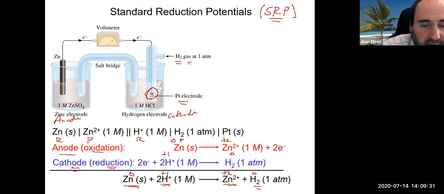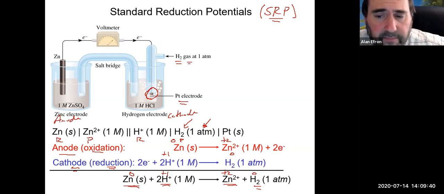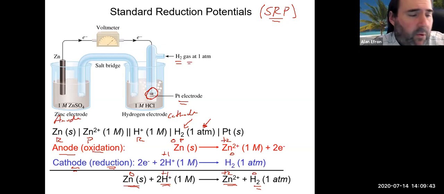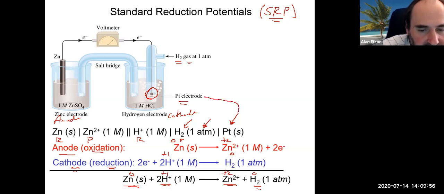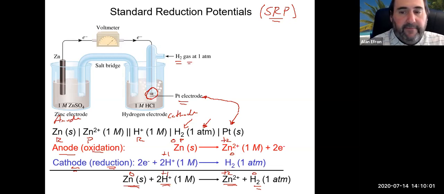We also see what I was just talking about. Since hydrogen is a gas in the cell diagram, we don't talk about concentration, but we do talk about pressure, which happens to be 1 atmosphere as well, which again is standard pressure, right? And we see an additional thing added to the cell diagram, which is our platinum electrode. Because in this case, we're going to use that as our physical electrode, it will find its way into a cell diagram.